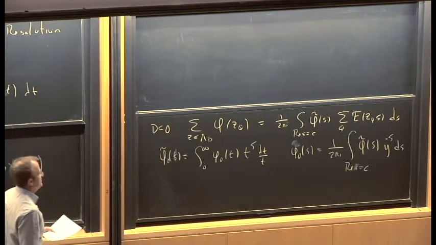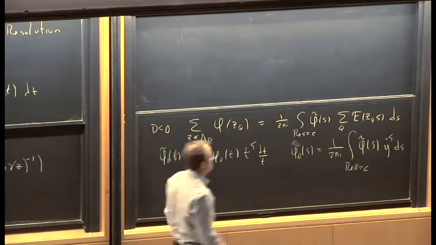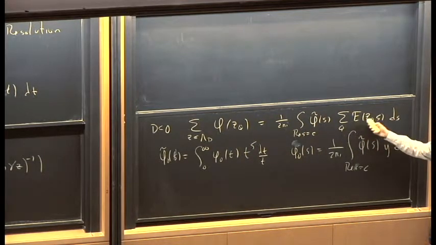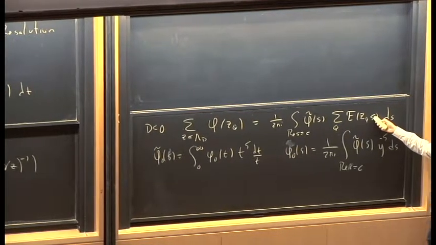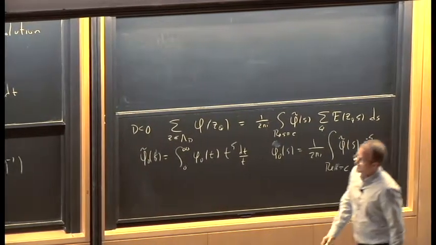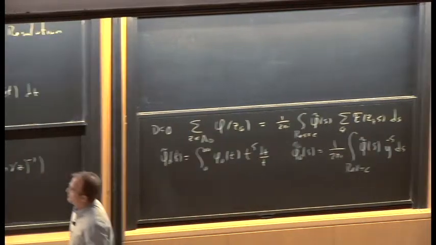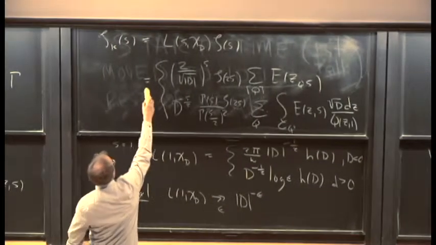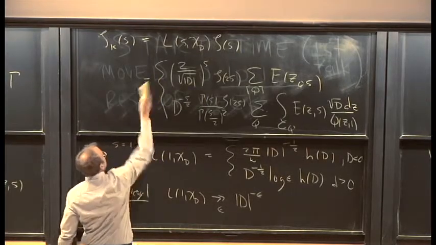Okay, well, that means we have the class number showing up. But more than that, we actually need the sum of the Eisenstein series at all points on the critical line, not just at 1. So we use this formula to express that sum in terms of the L function of Dirichlet.